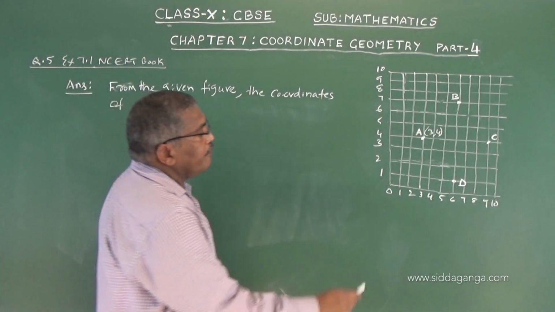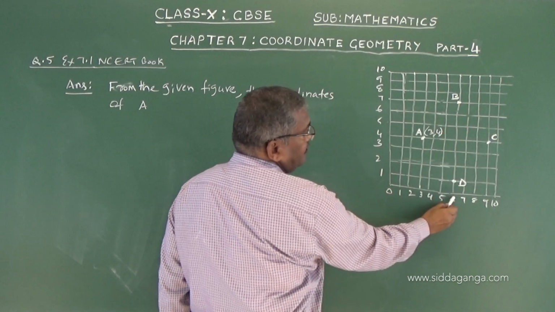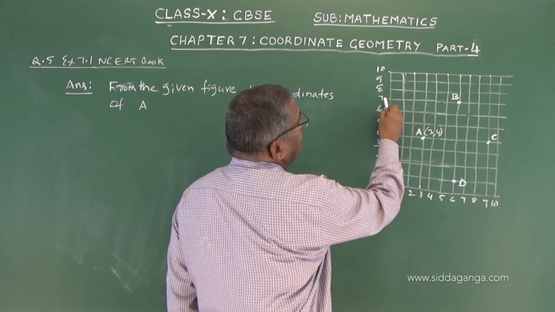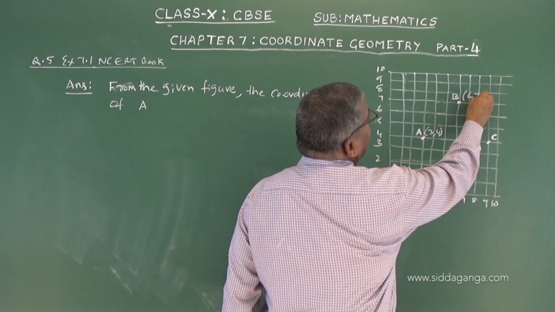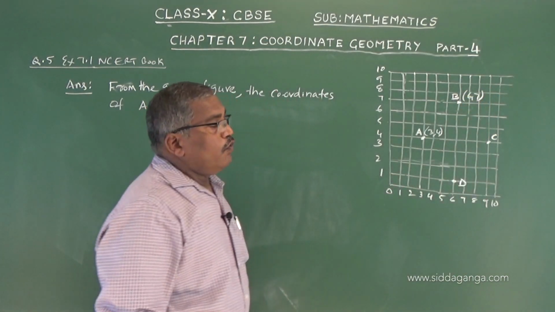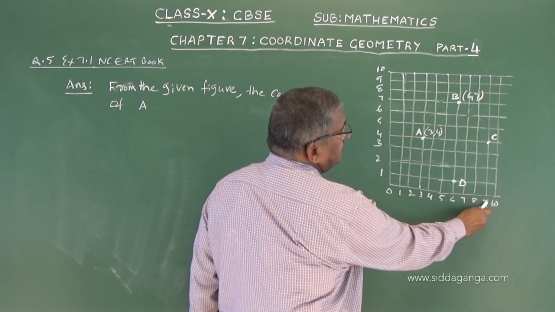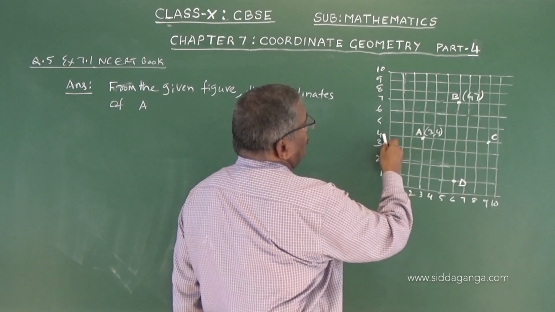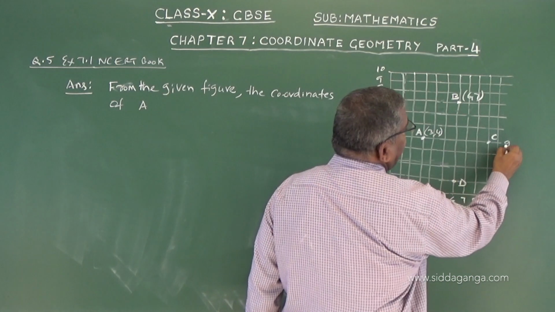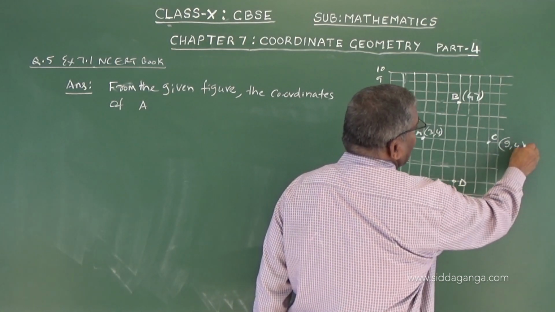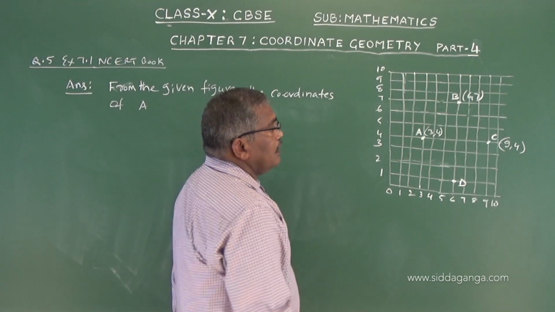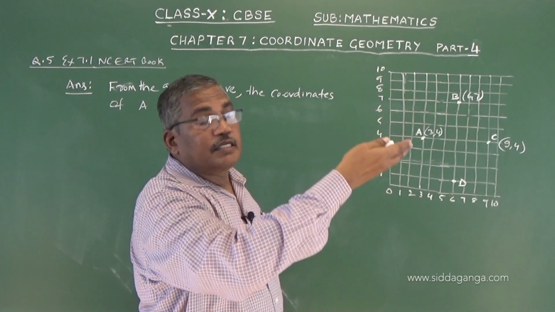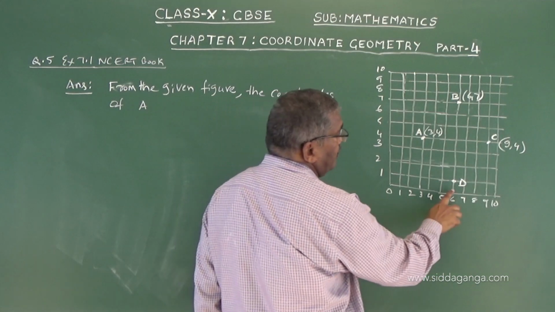Similarly, point B, you can see here, this is 6 and 7. So I will write here (6, 7). Point C is 9 and the ordinate is 4, so (9, 4). First you have to take the horizontal distance, that is the abscissa, and then the vertical distance from the x-axis, that is the ordinate.